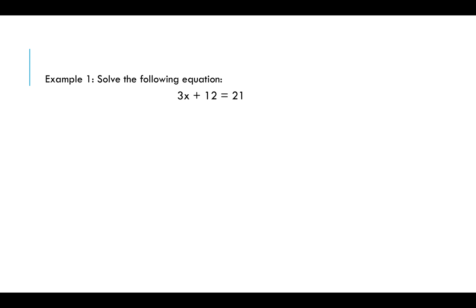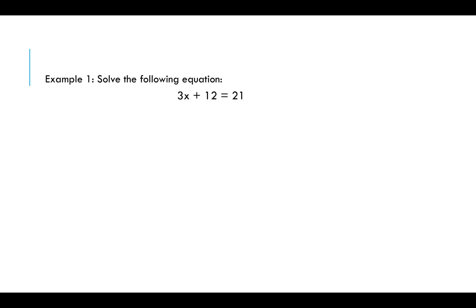So, with order of operations, we would have to do 3 times x first and then add 12. But when you solve an equation, you have to do the order of operations backwards. So in other words, instead of doing multiplication and division first in the order of operations here, we have to undo the addition and subtraction first.